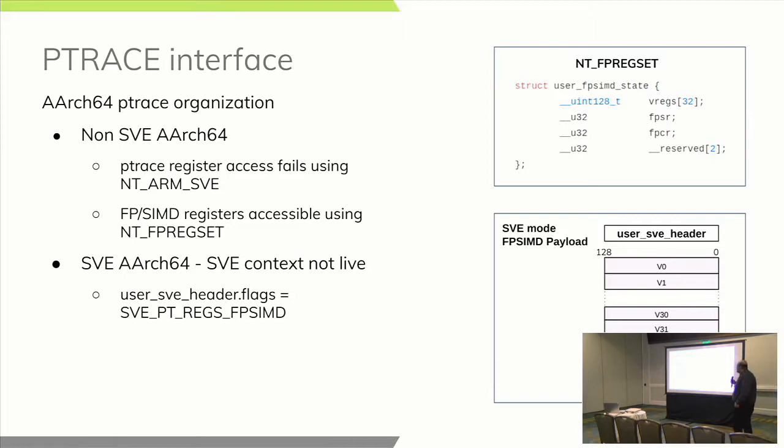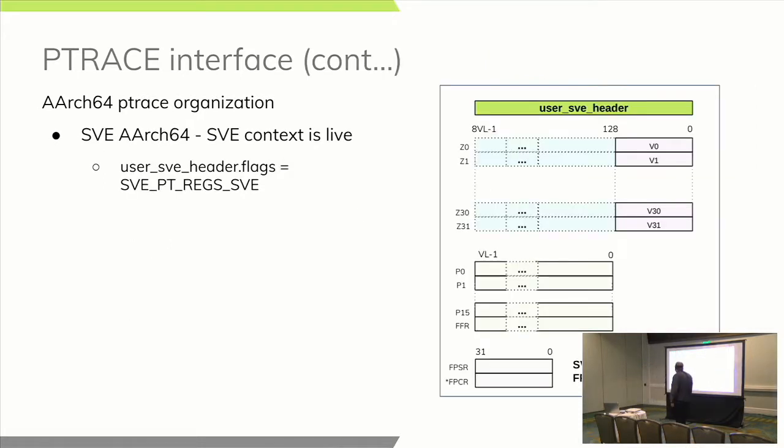The flags field SVE_PT_REGS_FPSIMD tells us that it is just a normal FPSIMD payload, and if the flags field is returned as SVE_PT_REGS_SVE, then we get this kind of payload where we have the user SVE header on top, followed by size-varying Z registers, and the size can be figured out from the currently configured vector length in the user SVE header.